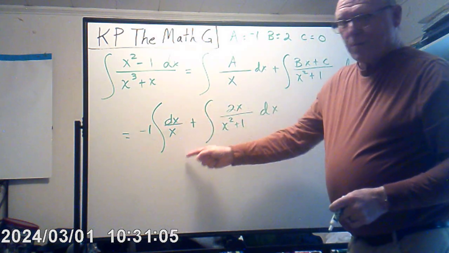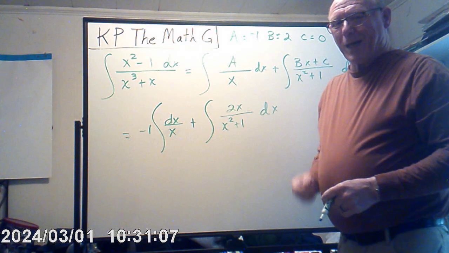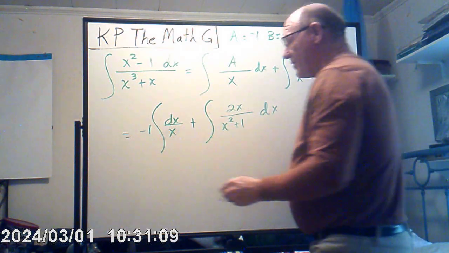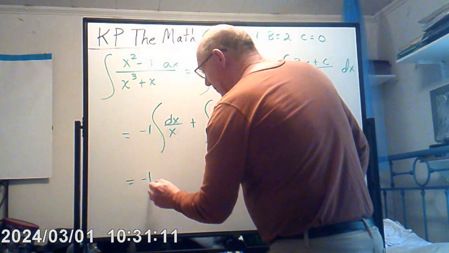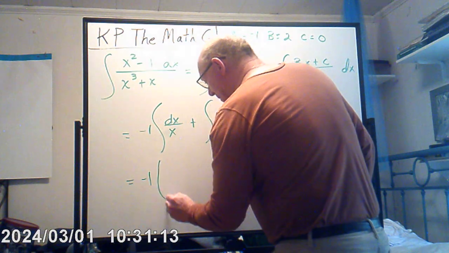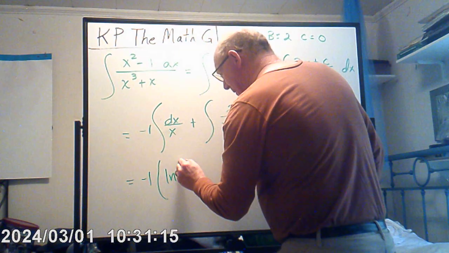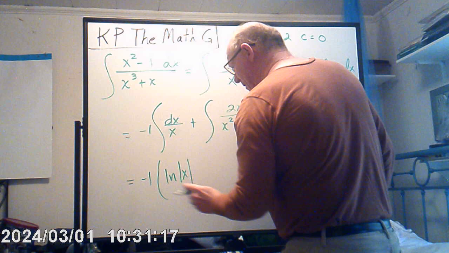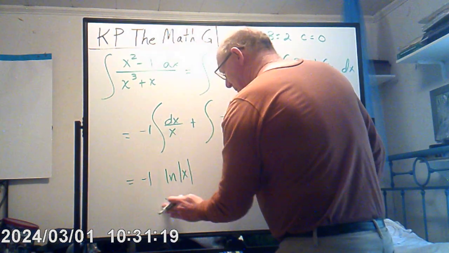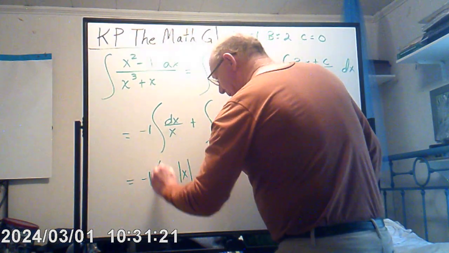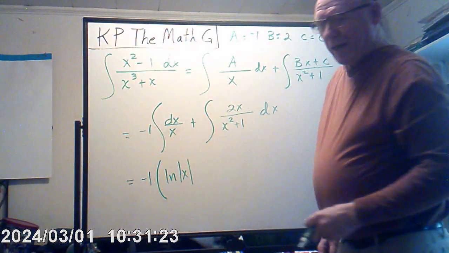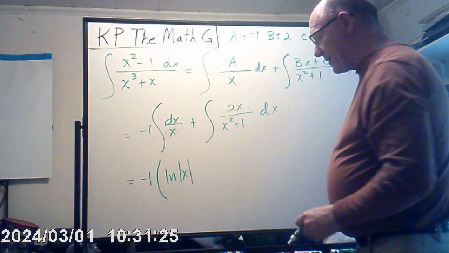You know what this is by now, don't you? You got it, ln. Alright, so here we go. -1 times ln of x, absolute value bars, because we've got to keep it positive.